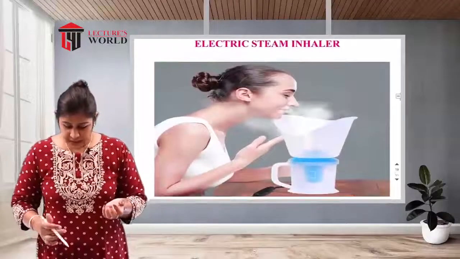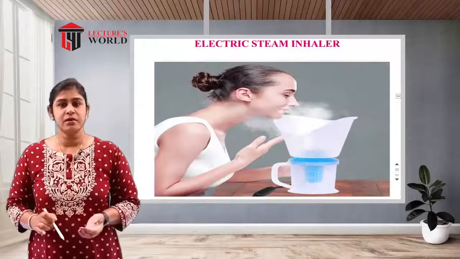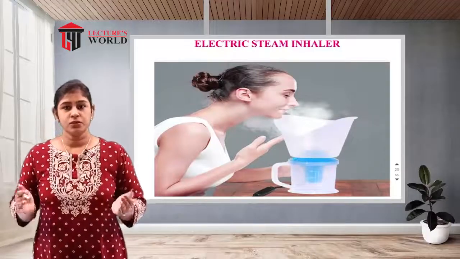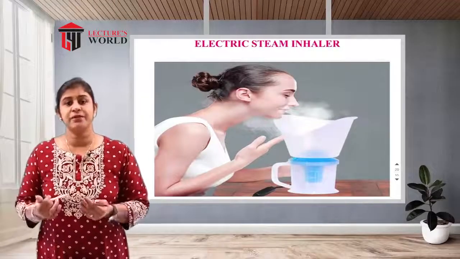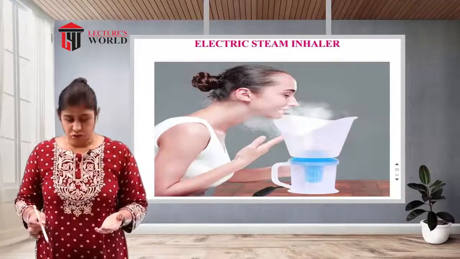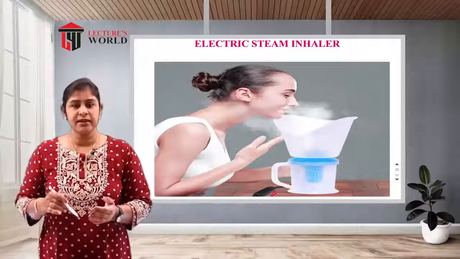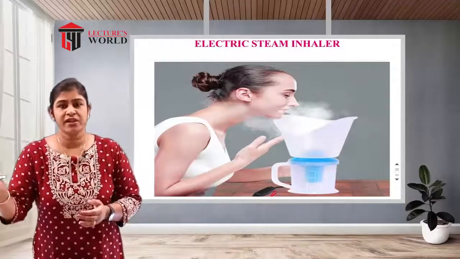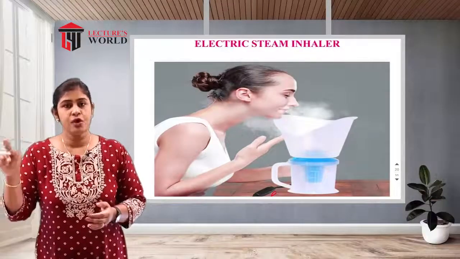So you can see this is what we call an electric steamer. Nowadays the new generation prefers the electric steamer. There is one electric connection that has to be attached to the electric socket point, and then you switch it on.